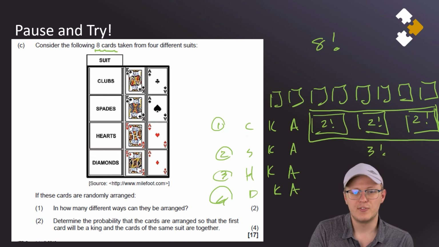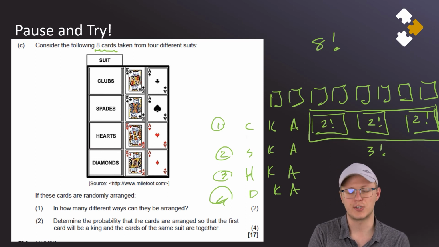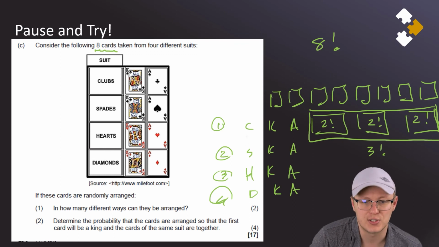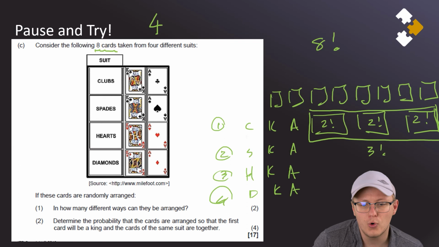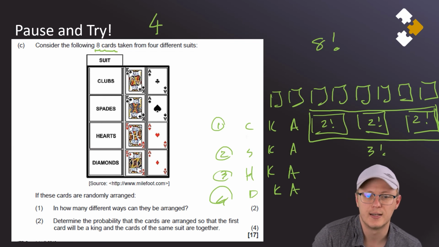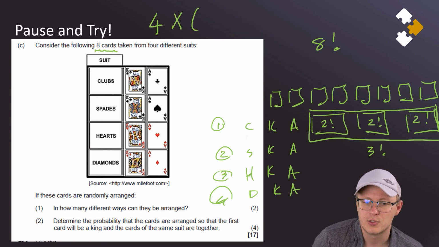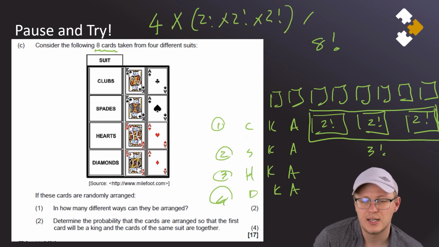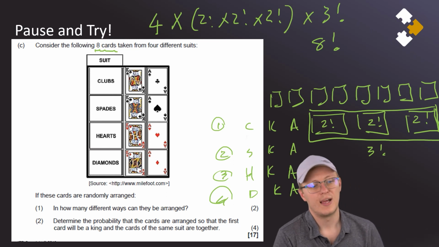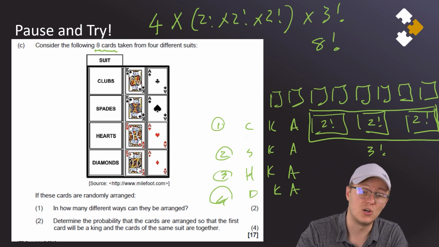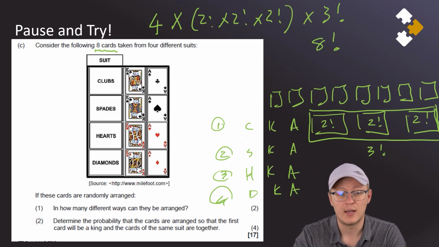So the 4 different events that I've isolated here can happen in 2 factorial times 2 factorial times 2 factorial times 3 factorial ways. And that pretty complicated example is the way in which we answer that question.